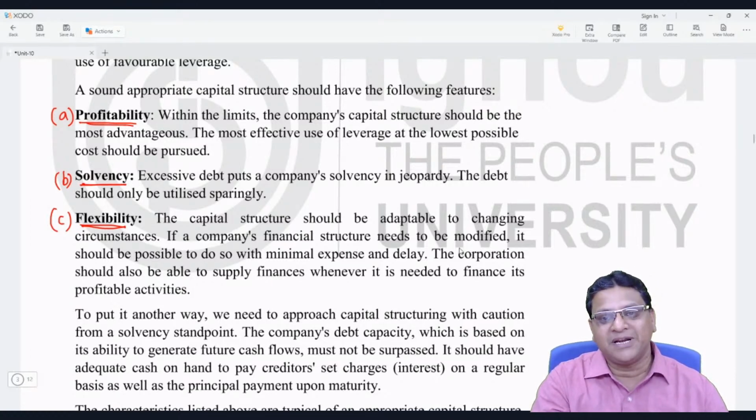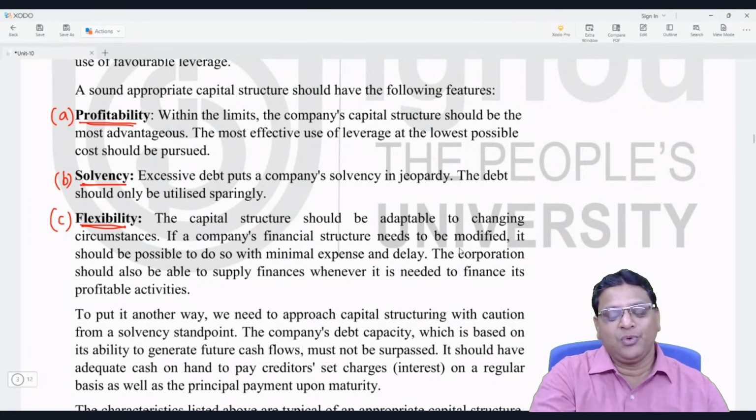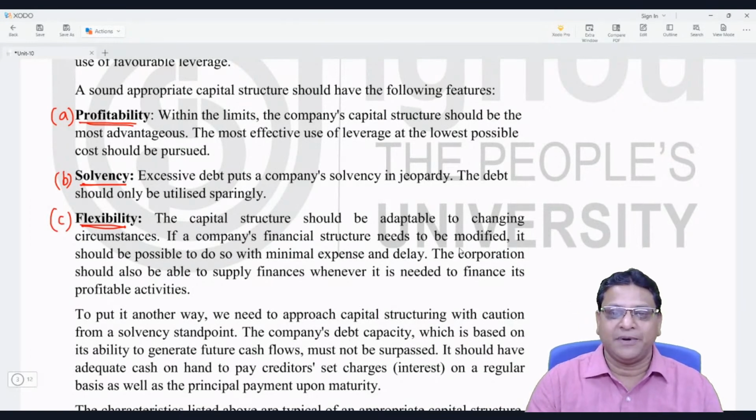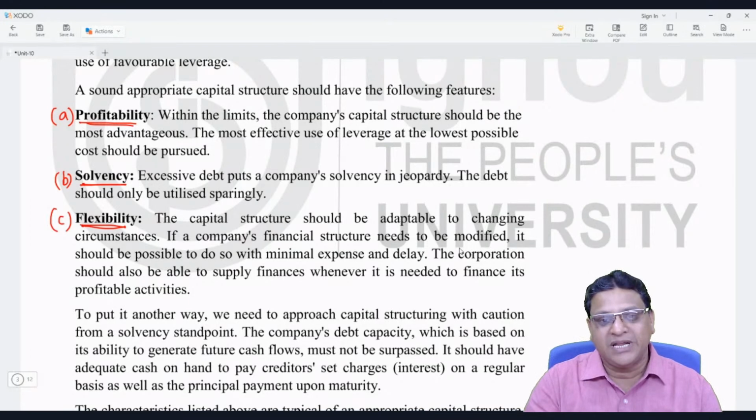What is profitability? A capital structure should be designed in such a way that the cost of capital will be lowest. You know that there are two types of capital. One is debt capital, another is equity capital. In the cost of capital chapter, we learned that usually cost of debt is less than cost of equity.